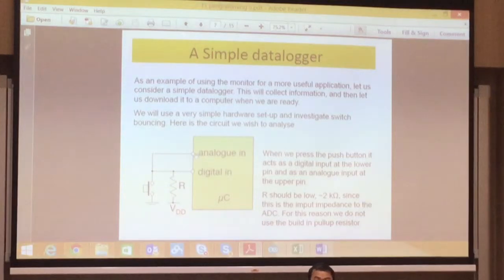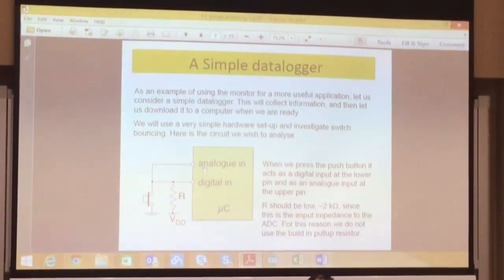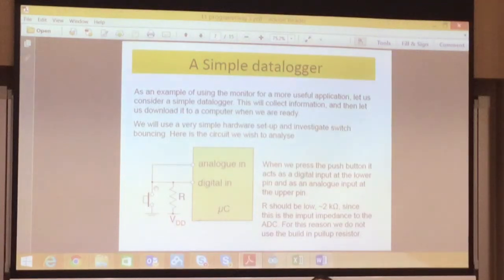Why is that? Because we want to capture the transition. If you want to take the exact reading of those transitions, it is the analog data, because we want every detail of the value. So we want to use the analog pin to capture the value. For this purpose, we have to connect this point to the analog input.